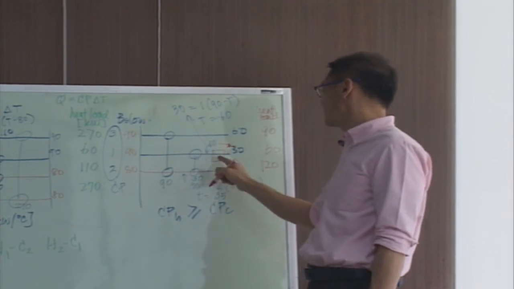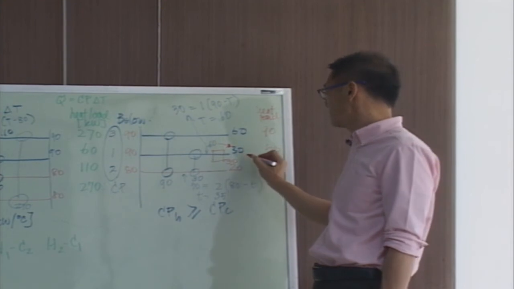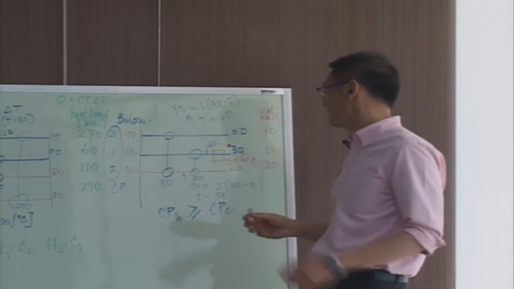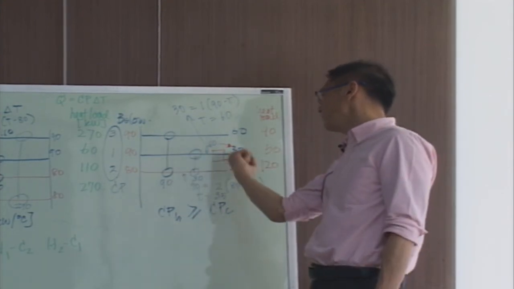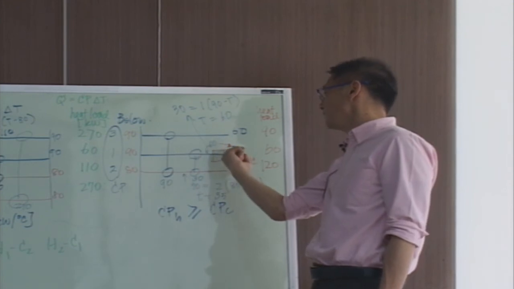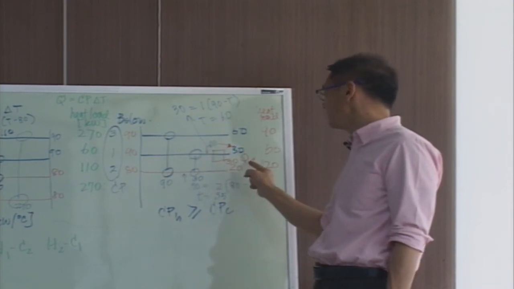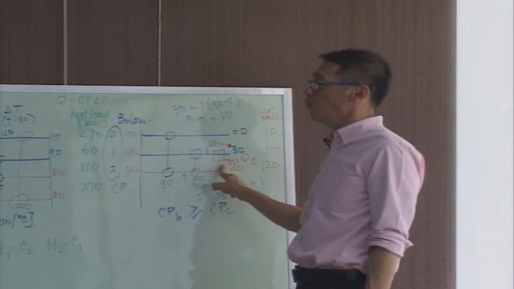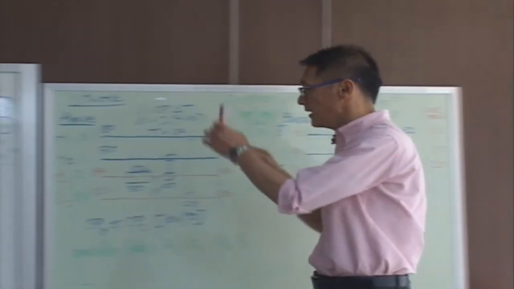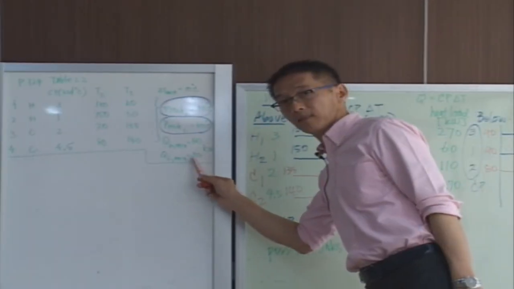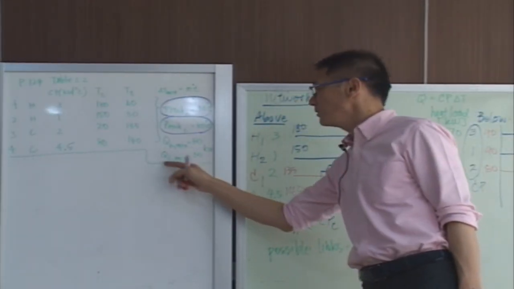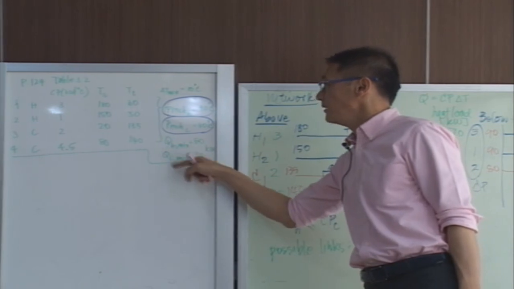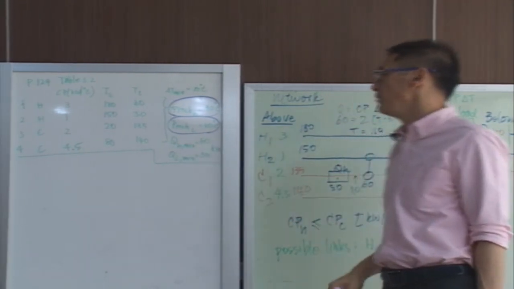So what kind of utility do we want? Must be QC, because you would like to reduce the temperature to 30 degrees Celsius from the higher one. So QC is put here, which is equal to what we get from the number that we calculated from the graphical method.